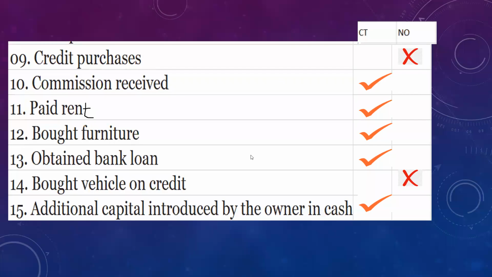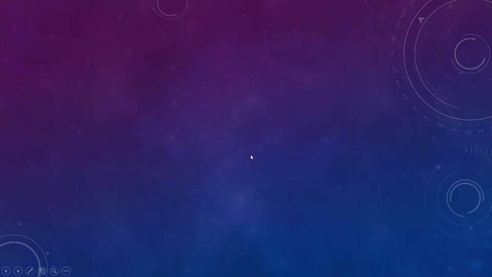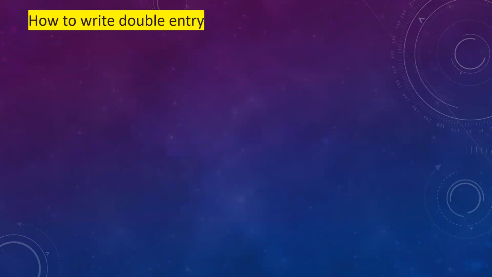Okay. So, how to write double entry for tangibles? Already I taught this rule last week, but we have to see a revision about this rule to prepare the cash account.